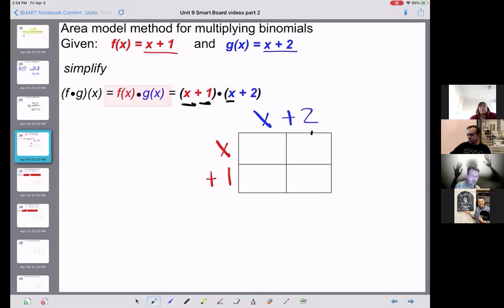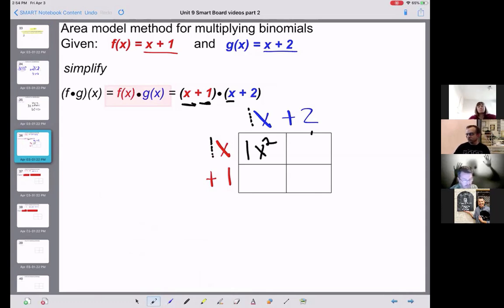Now the way we solve this, again, is just like before, like we would with a multiplication table. There's a couple things I might want to add here. For instance, it might be nice to say that the coefficient of the x here is 1, and the coefficient of this x here is 1, just to remind me. Because when we multiply these, I say 1 times 1 is 1, which I really didn't need to write, and x times x is x squared.